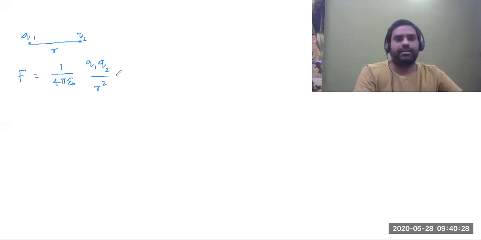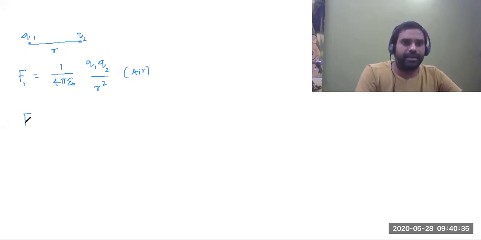Now this is for air or vacuum, and in any other medium, F is equal to 1 by 4 pi epsilon Q1 Q2 by R square.